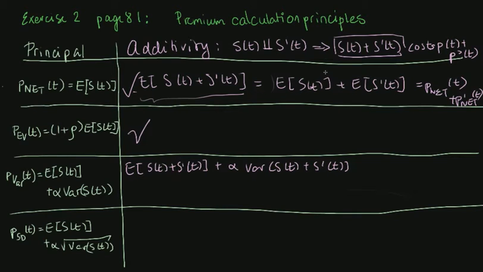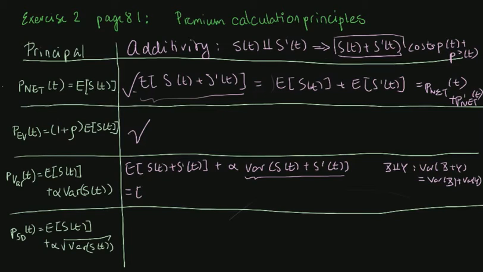Now recall that if I have two stochastic variables that are independent, then the variance of their sum is equal to the sum of the variances. So that is what we will use here to split up the variance of the sums.